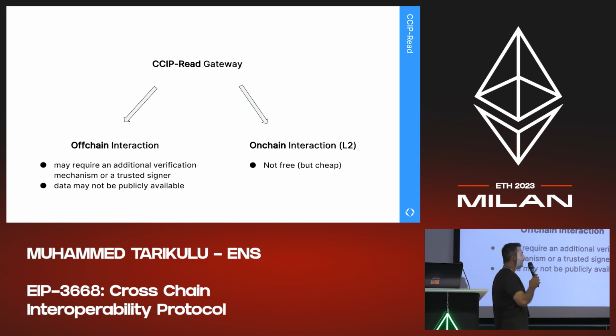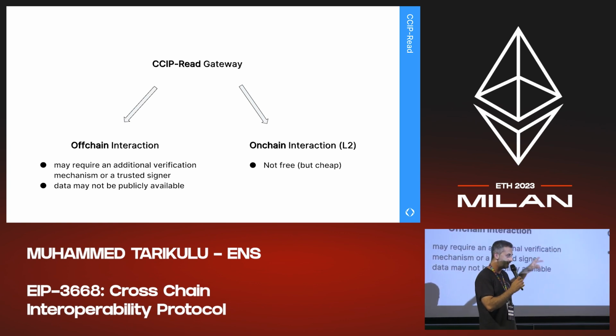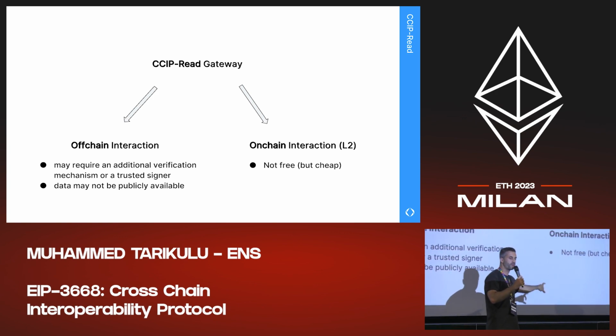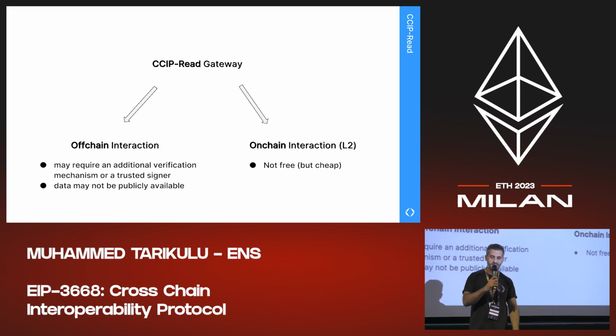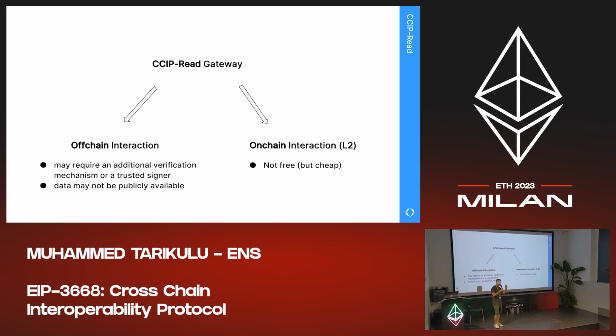When I was telling about the flow, I said there are two types of implementations, one off-chain interaction and one on-chain interaction. The CCIP read gateway can have an infrastructure for off-chain.